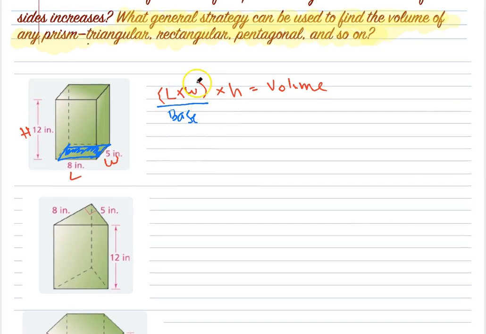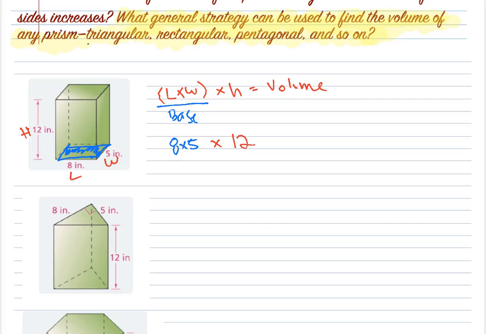That base is the only thing that changes for this section. So for this first one, when we found the base, we did 8 times 5, and that gave us 40. It's always going to be the base, the bottom face that repeats, times height. In this case our height is 12.